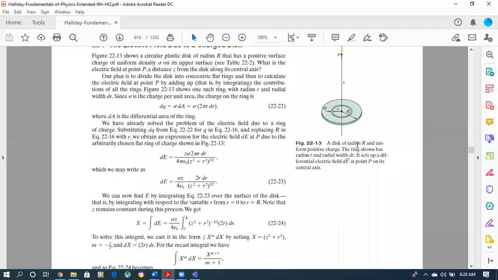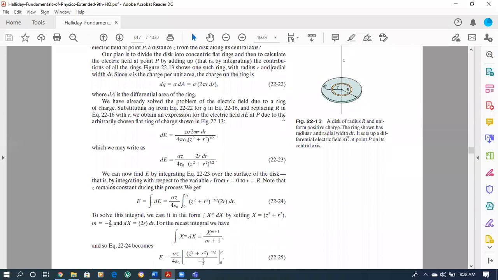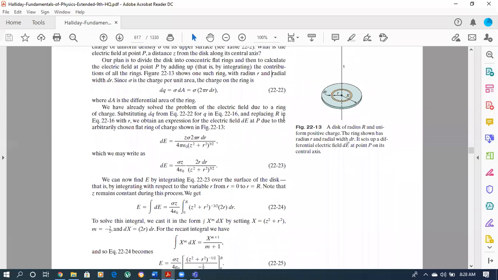Similarly, the charged disk. In the case of a charged disk, we have to use the surface charge density instead of the linear charge density. Here we are considering charge per unit area, not charge per unit length of the ring.